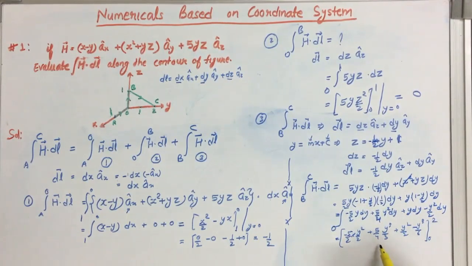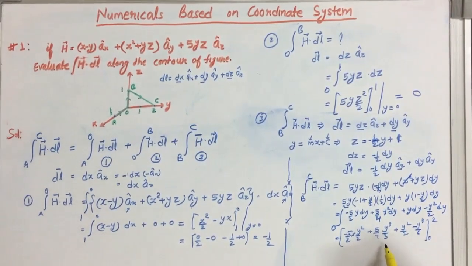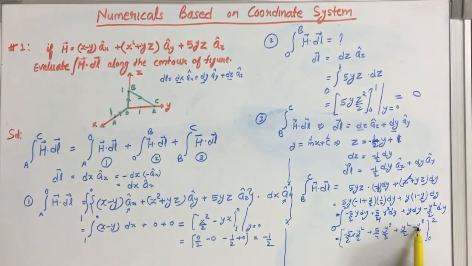This and this can be solved by 4 into 3, 12. It will be 5 minus 2, 3, so you can say plus 3y cube by 12. It is minus 5 by 4 plus y square by 2, it will be 2, so minus 3y square by 4, from 0 to 2.